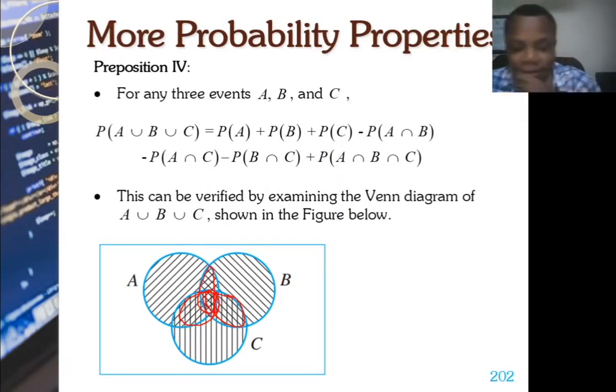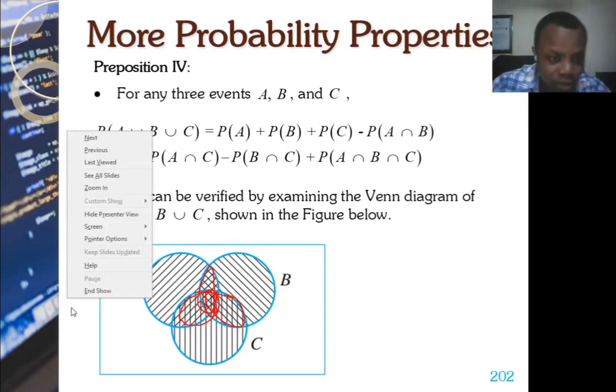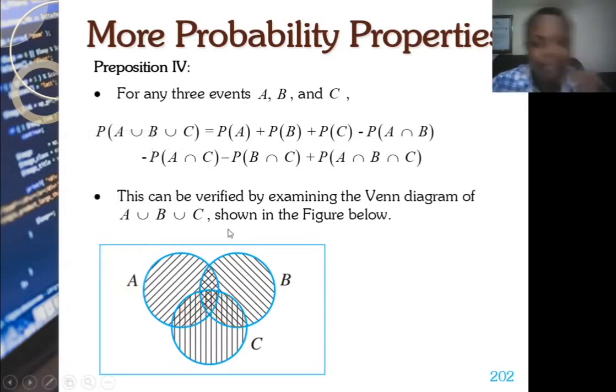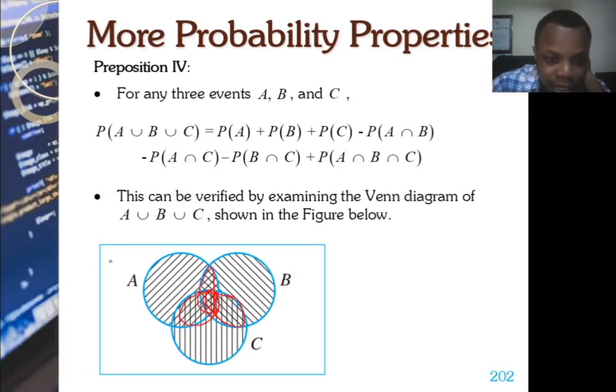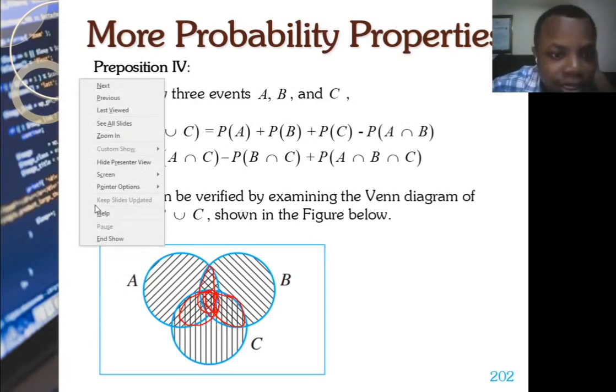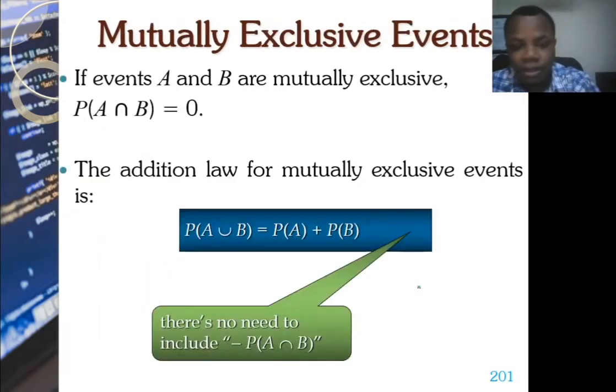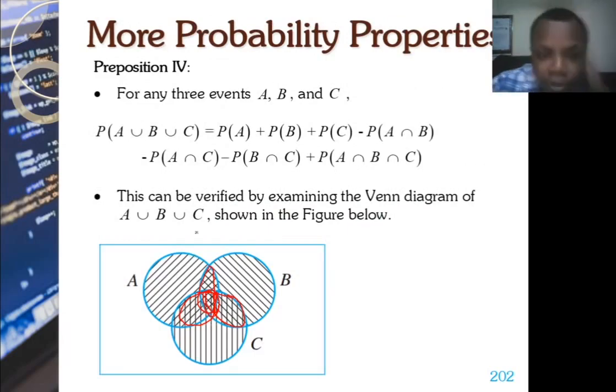So let me try to do this again so that I get to see this again, if this will be possible. I think yeah. So the first one is the probability of A. The probability of A is just as the one that we have here.